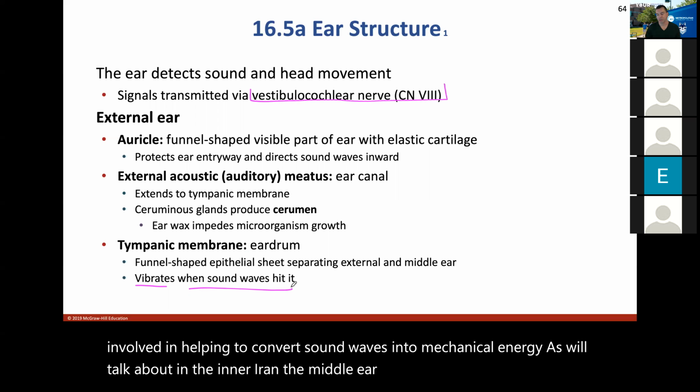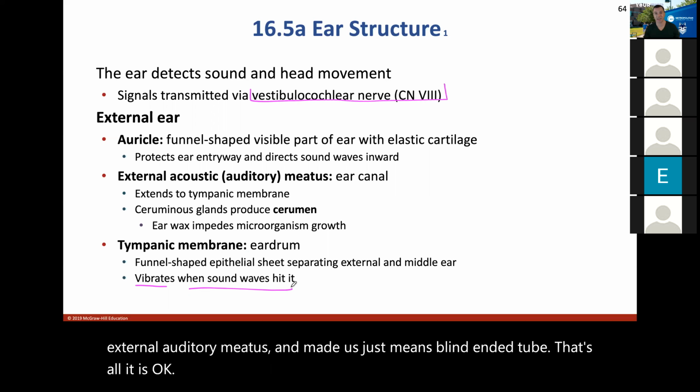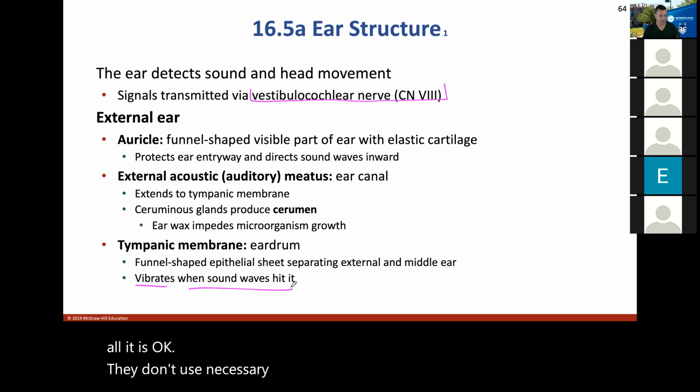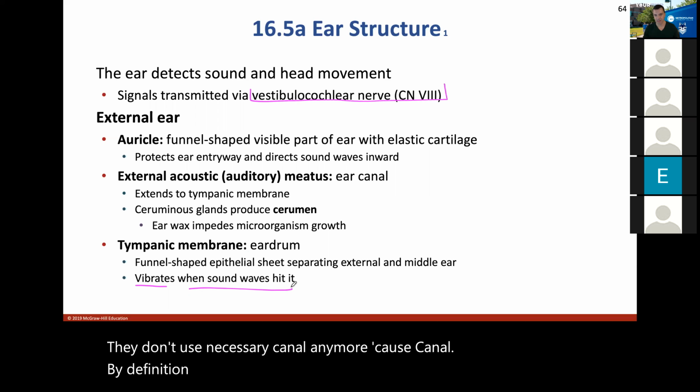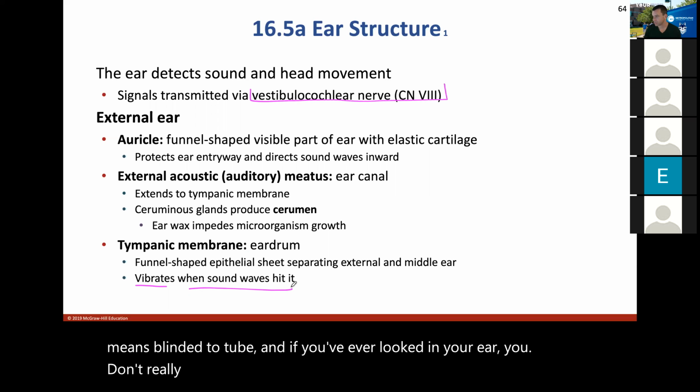In the external auditory meatus, and meatus just means blind-ended tube. That's all it is. They don't use necessarily canal anymore because canal, by definition, you see the beginning and you see the end. Meatus means blind-ended tube, and if you've ever looked in your ear, you don't really ever see the end very well anyway.